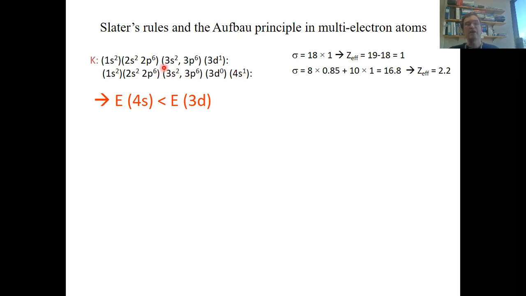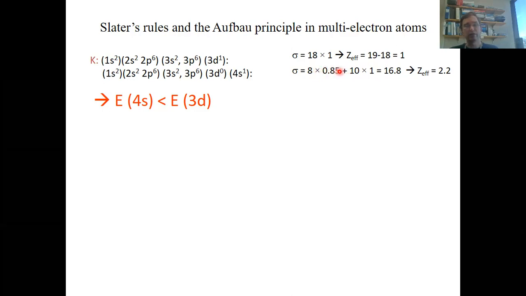But we have these 8 electrons, which are in an n-1 shell, which contribute 0.85. So this actually has to be a multiplication sign here, not plus. I'm sorry about this mistake also. So we have 8 times 0.85.